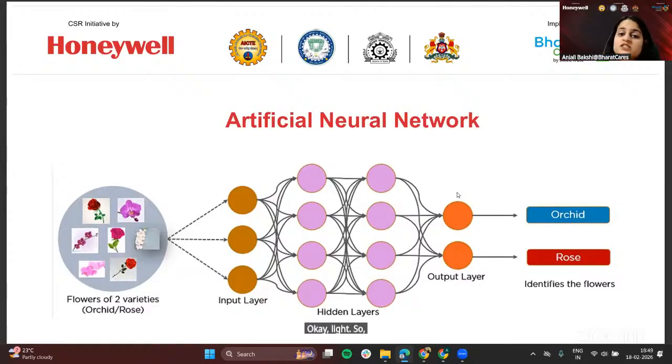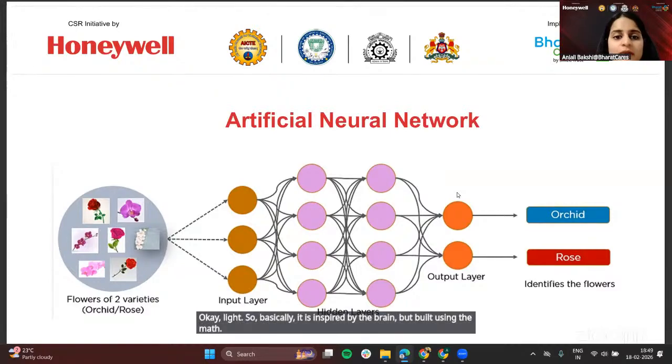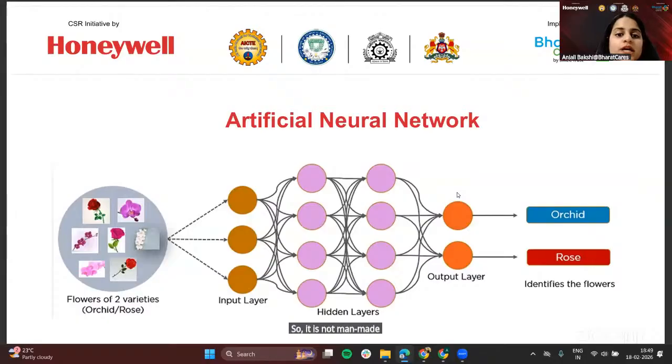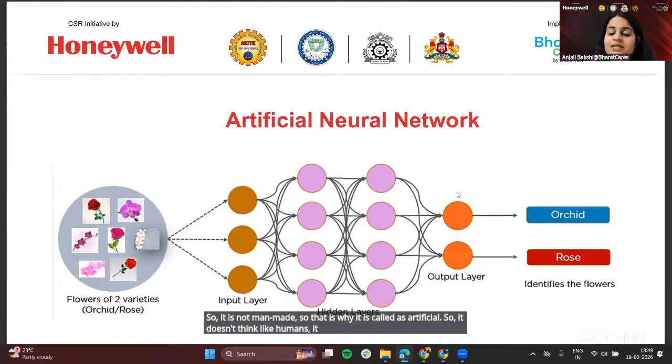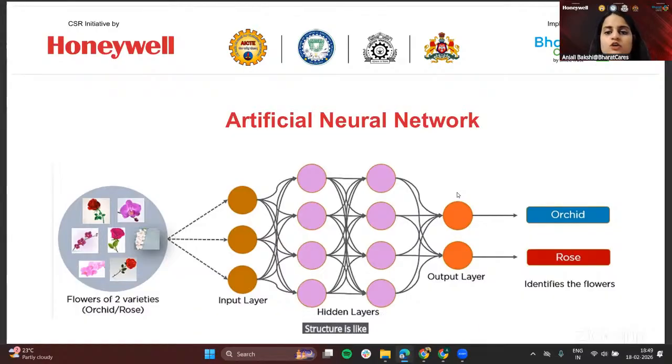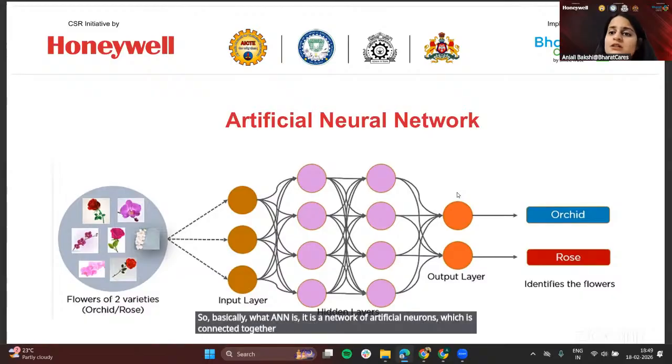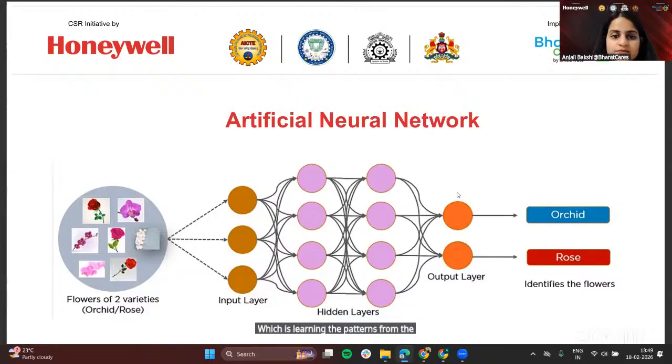So basically it is inspired by the brain but built using the math. So it is not man-made. So that is why it is called as artificial. So it doesn't think like humans. It calculates like a machine, but its structure is like a human neuron. So basically what ANN is, it is a network of artificial neurons which is connected together, which is learning the patterns from the data, right?